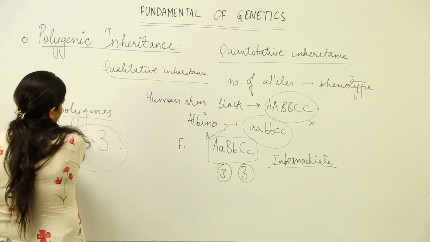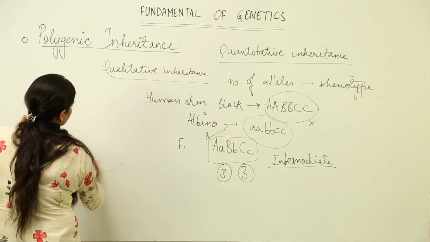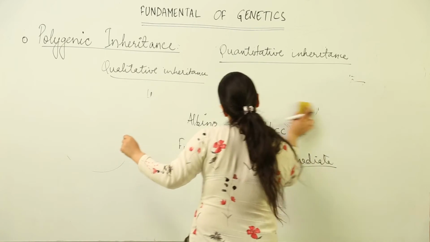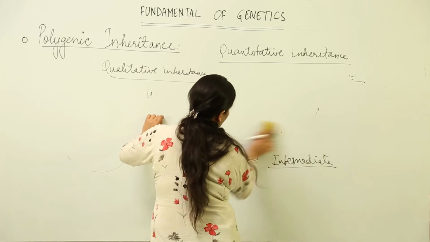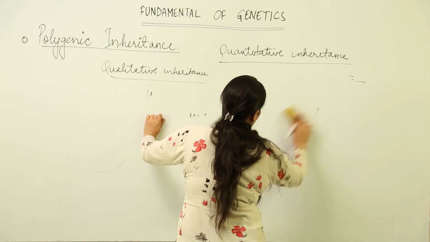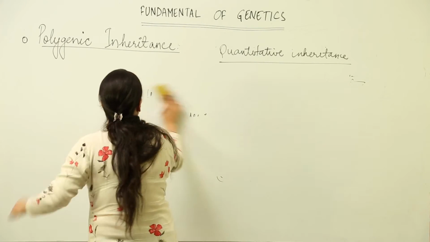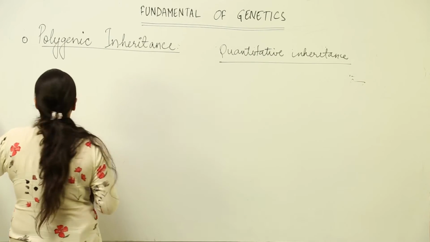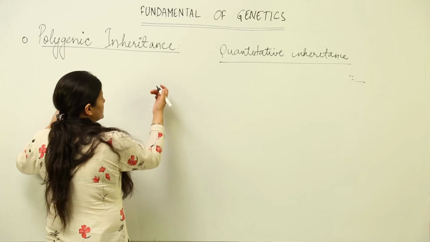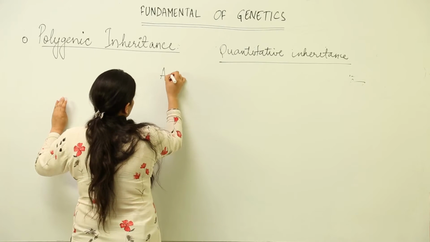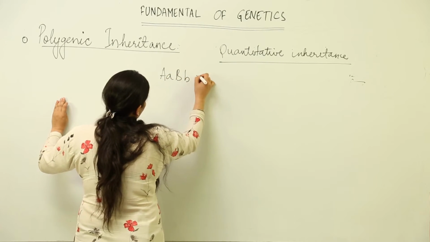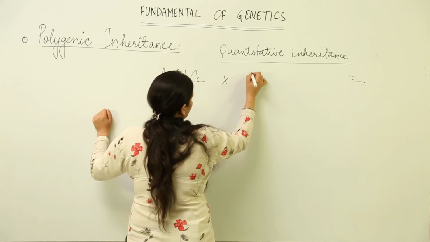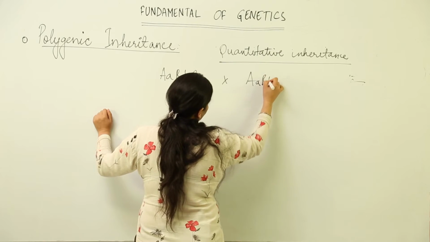When the F1 parents are interbred, we are going to find many phenotypes, grades of phenotypes, and we have this cross. You can carry out this cross to understand it better.